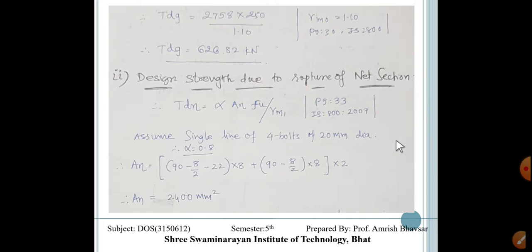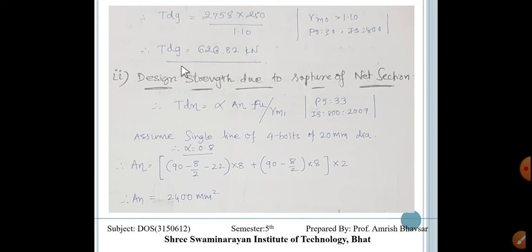So TDG is equal to 2758 multiplied by 250 divided by 1.10. The gamma is given on page number 30. So we will get TDG is equal to 626.82 kilonewton over here.